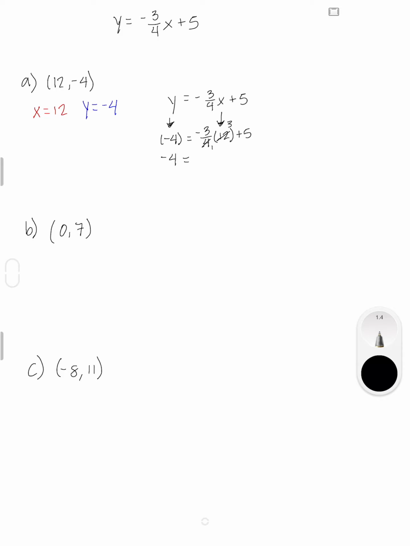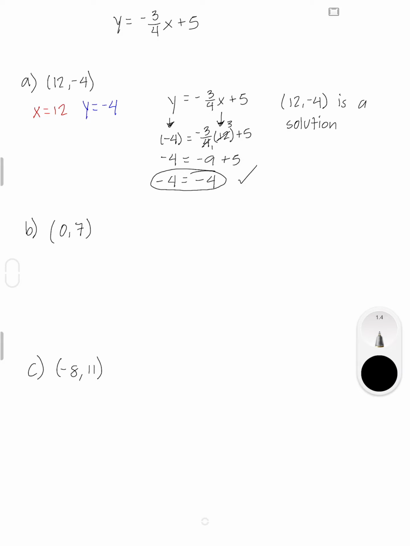So I end up with -3 times 3, which is -9 plus 5, and -9 plus 5 is -4. So this right here is a true statement, right? So 12, -4 is a solution of the equation.